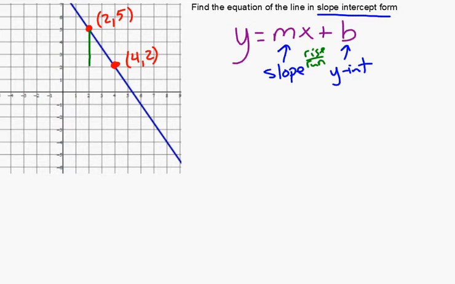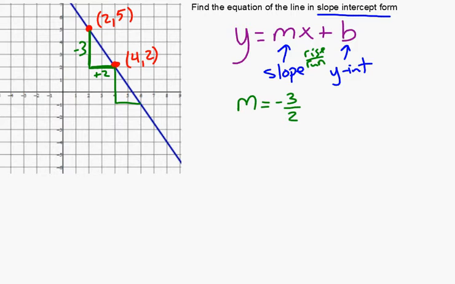So if I go rise right there, I'm going down 3, and my run is positive 2. So I know right away that the m value is negative 3 halves. That's my slope. I can check it here, 1, 2, 3, 1, 2, and it works again. So I know that I'm probably correct there.